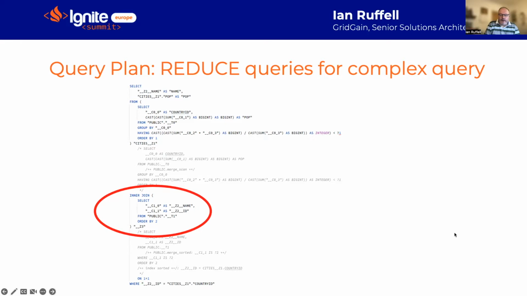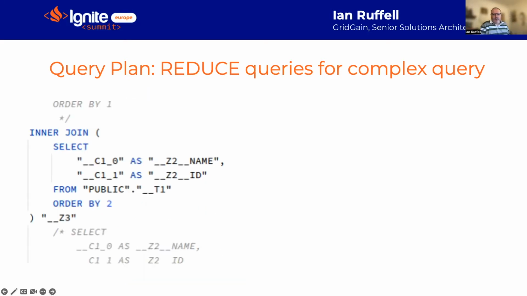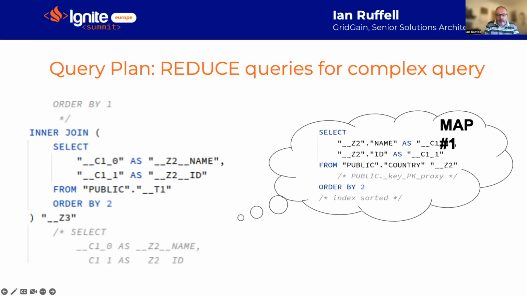This plan is pretty big, but you can hopefully pick out the actual join order. We remember what the corresponding map part looked like, and it seems like the entire country table is being retrieved here. There's no filtration on the mapper side.